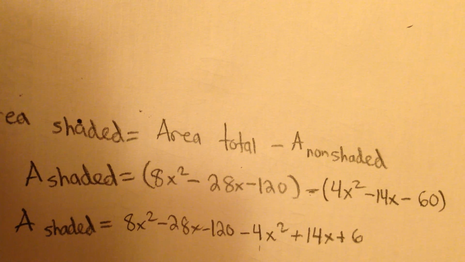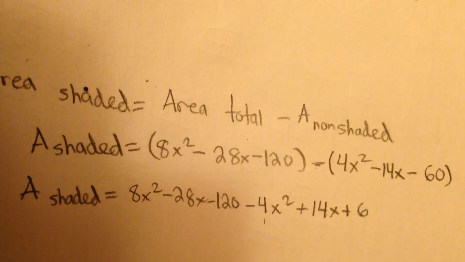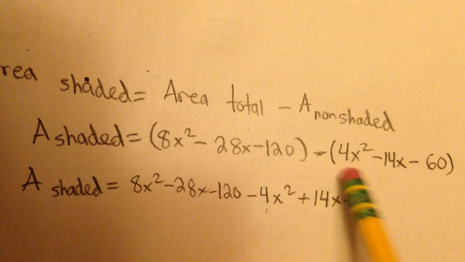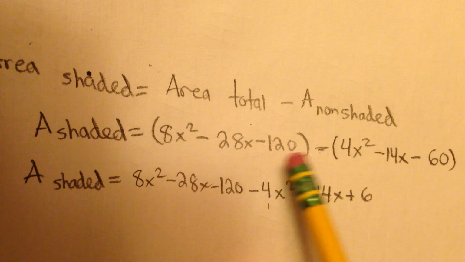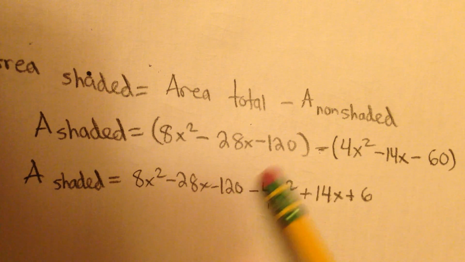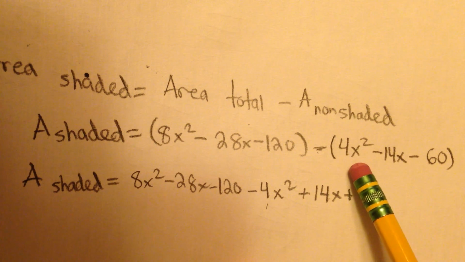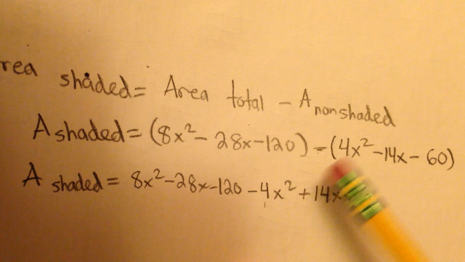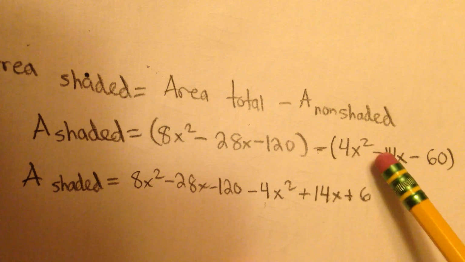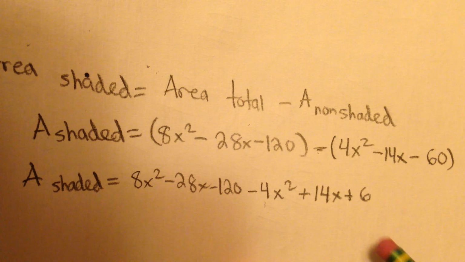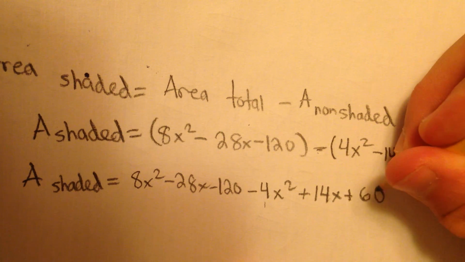That'll help you when you get into advanced levels of math. So for now, we need to distribute the negative sign into this substituted value. This stays the same, 8x squared minus 28x minus 120, minus 4x squared, then a negative of negative 14x is a positive 14x, and a negative times negative 60 is positive 60.